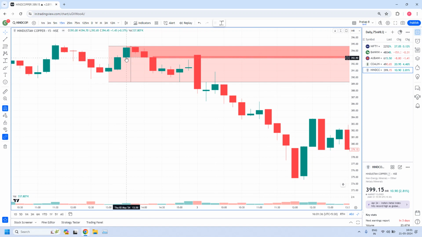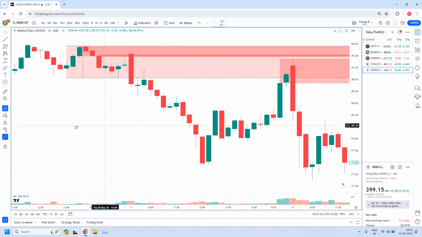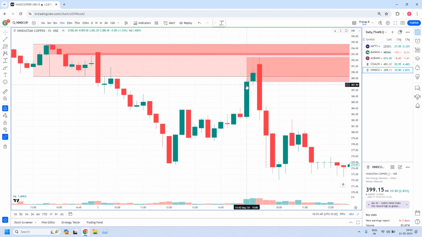See, we have a rally, 2 base candles and a drop candle. We have a 15-minute zone here. And also here we have a rally, base, drop. In the recent one, this is slightly overlapped outside the zone, but that is okay. A major portion is inside this zone.